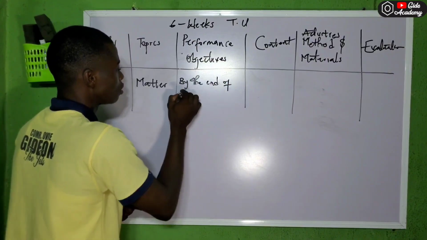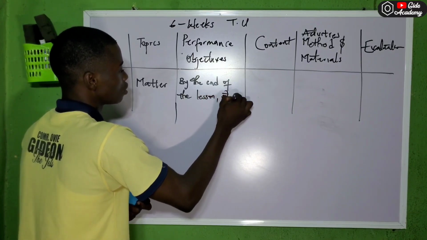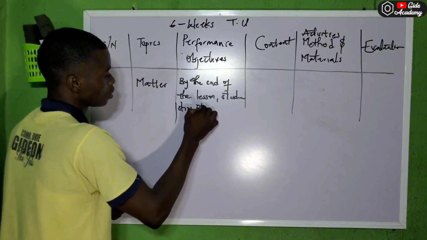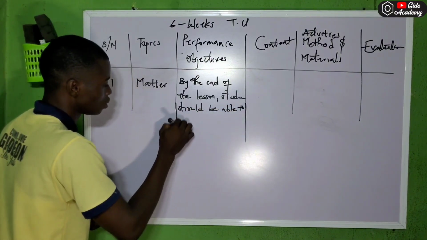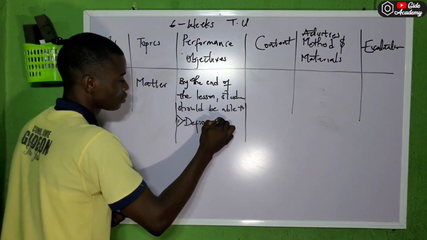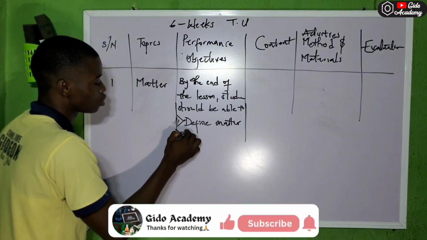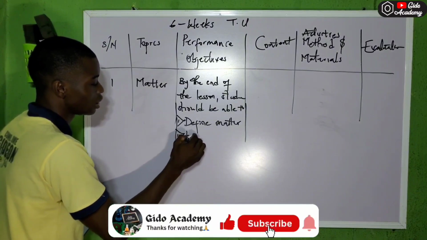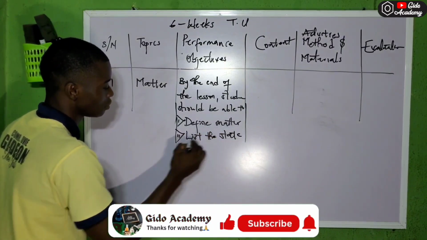by the end of the lesson, students should be able to, number one, define matter. Number two, list the states of matter.